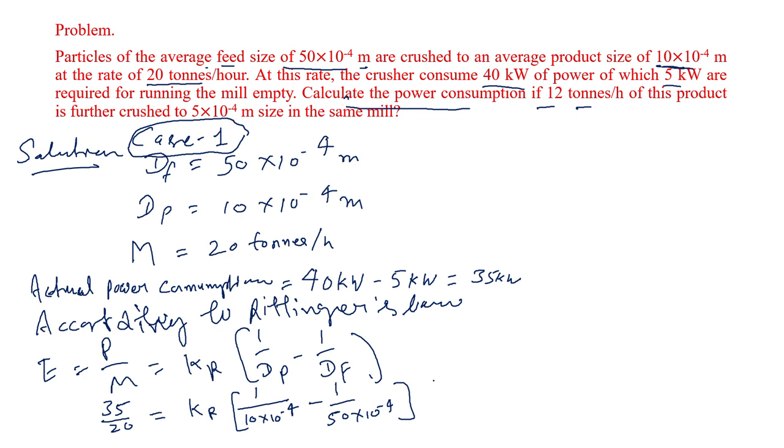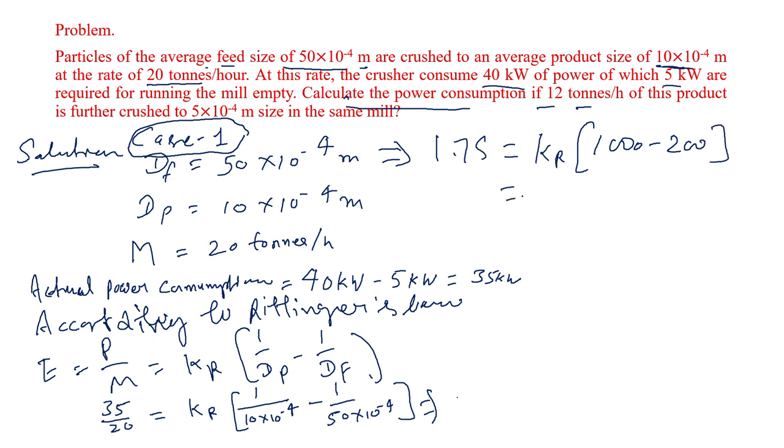Now we solve this. 35 divided by 20 is 1.75, and when all this is calculated, here you find KR. 1000 minus 200 gives KR into 800, 1.75.